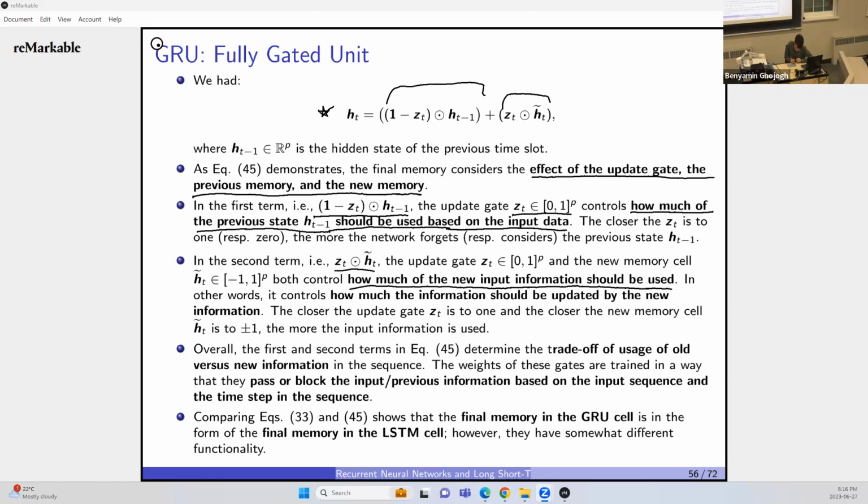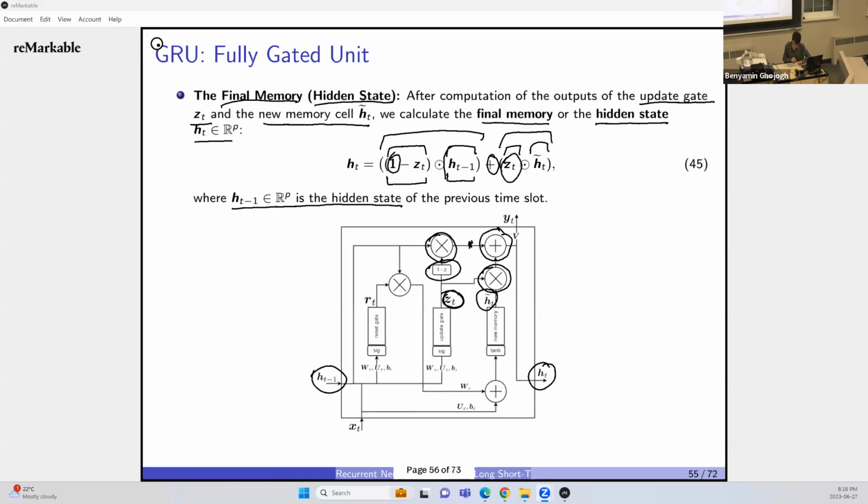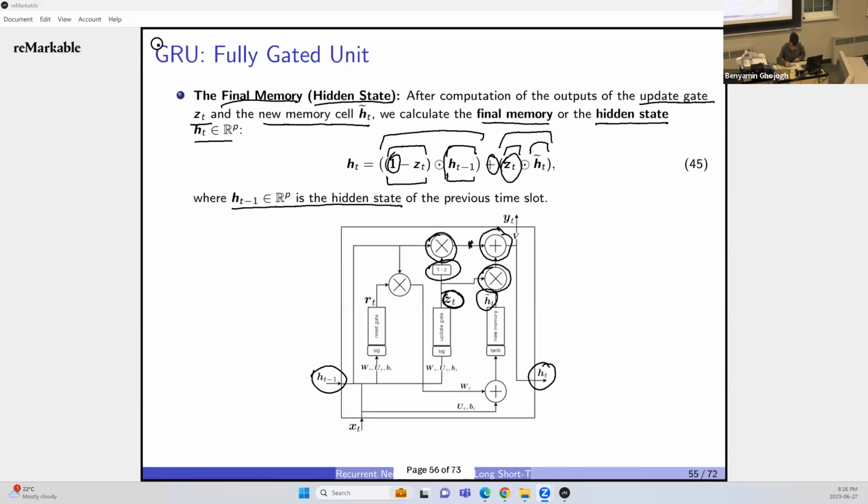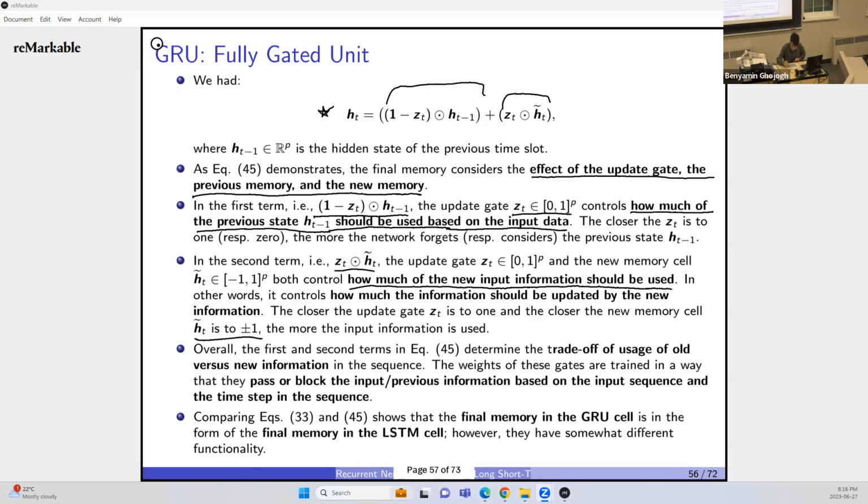Okay. And you should note one important thing: HT tilde uses hyperbolic tangent. Why? There is a reason for everything here. Because it wants it to be between minus 1 and 1. It wants this because ZT is between 0 and 1 and HT tilde is between -1 and 1, so their product becomes between -1 and 1.